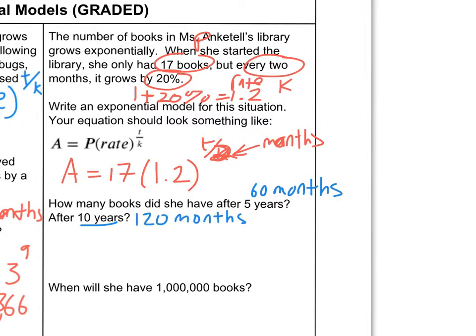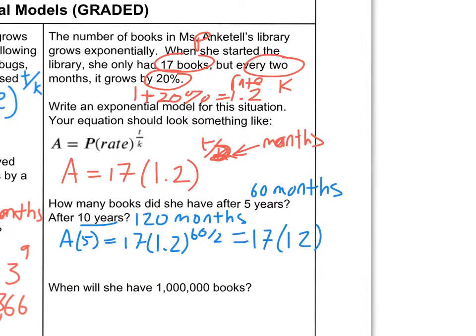So looking at this, plugging these things in, we're going to have A, and I'm going to call this A of 5, is going to be 17 times 1.2 to the 60 divided by 2. So 17 times 1.2 to the 30.